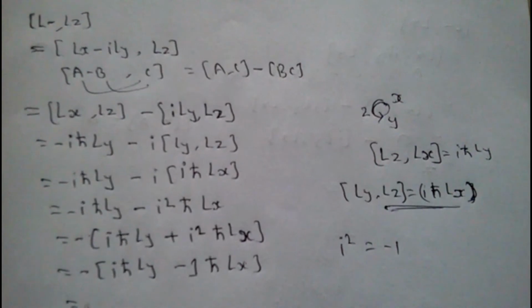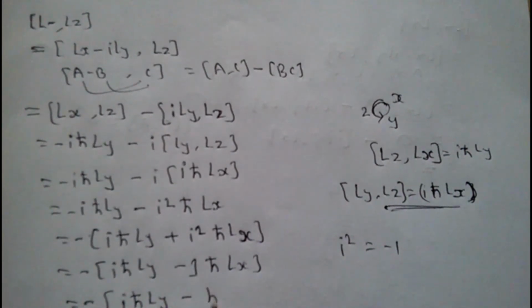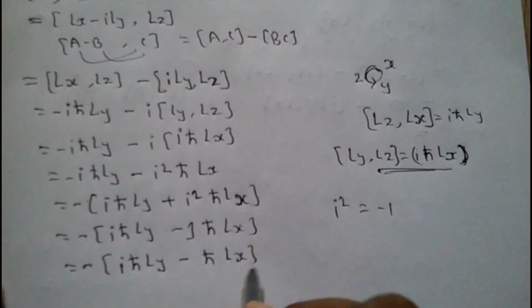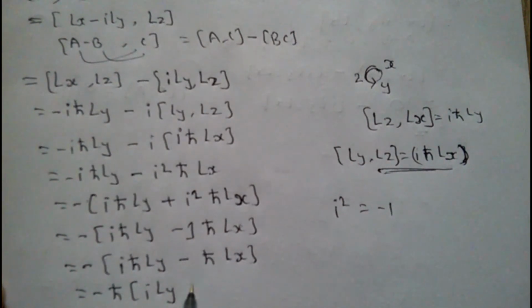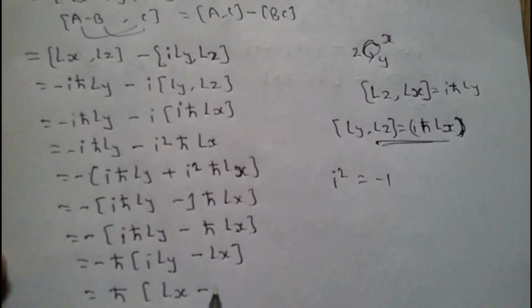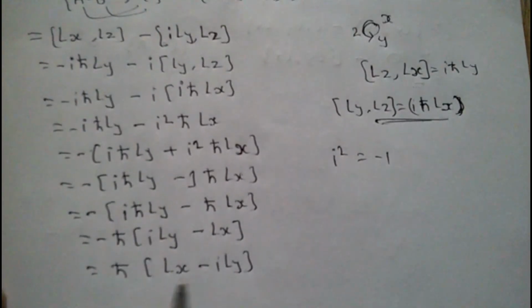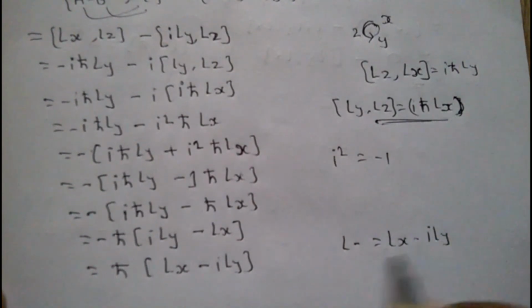So minus i h cross Ly minus h cross Lx. Taking h cross common, we get i Ly minus Lx. Now multiplying this i inside, we get h cross Lx minus i Ly, and we know the value of this is L minus, Lx minus i Ly.